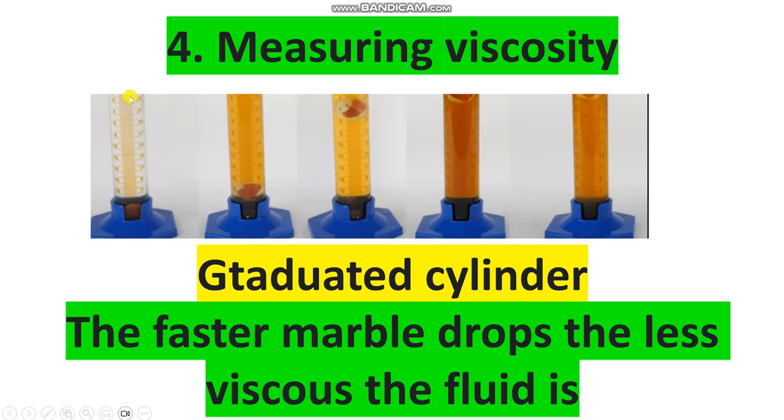If you put the marble on the top, look at the speed it drops down here. The faster the marble drops, the less the viscosity. So the viscosity is large if the marble is slow. If faster, the viscosity is less. Okay.